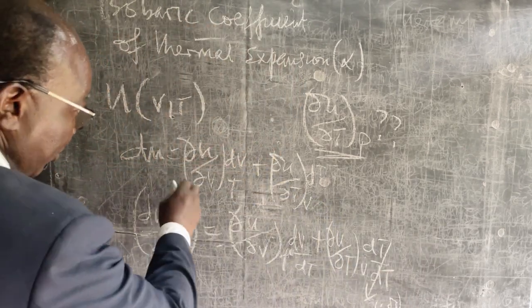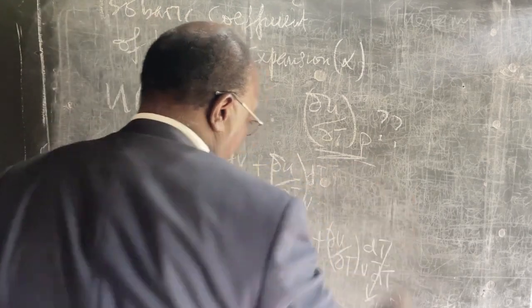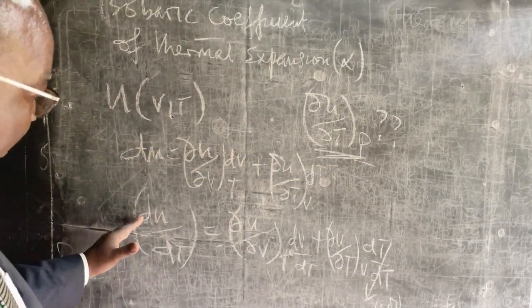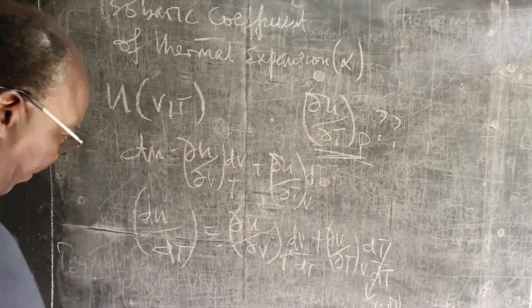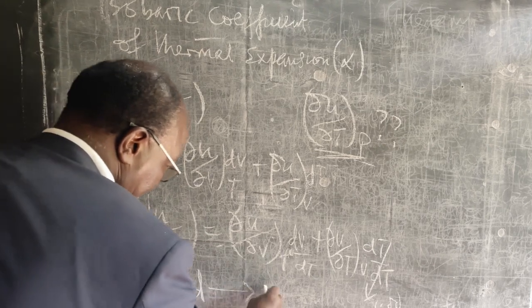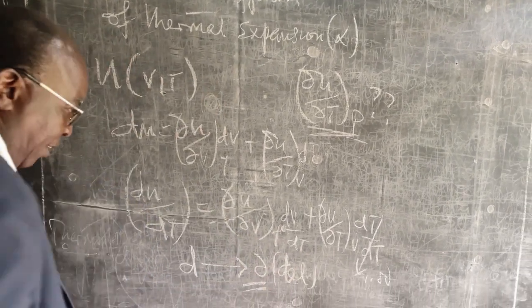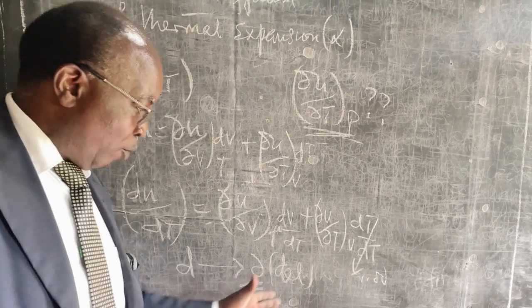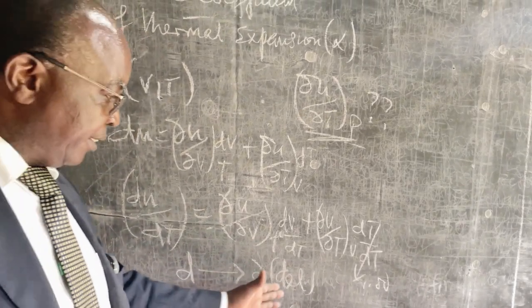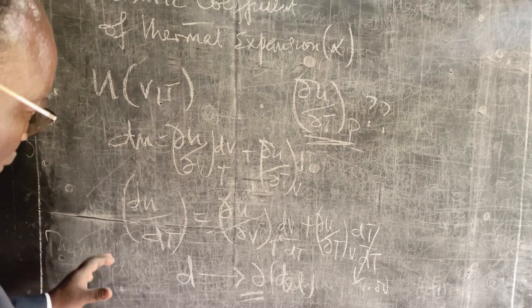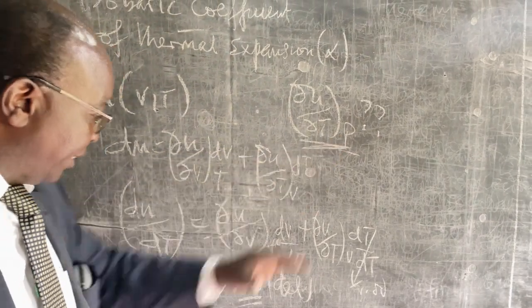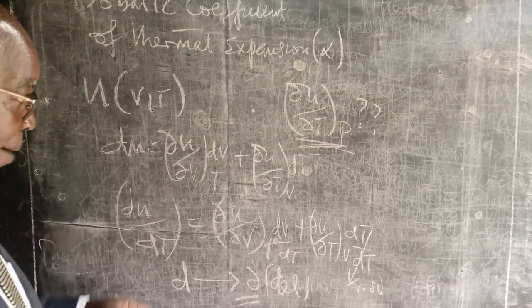And so to now constrain this system to constant pressure, we change from total derivative d to partial derivative del. Partial derivative means that you keep one or more variables constant as you vary the other. So we are constraining the system to constant pressure, so the d's will become del.